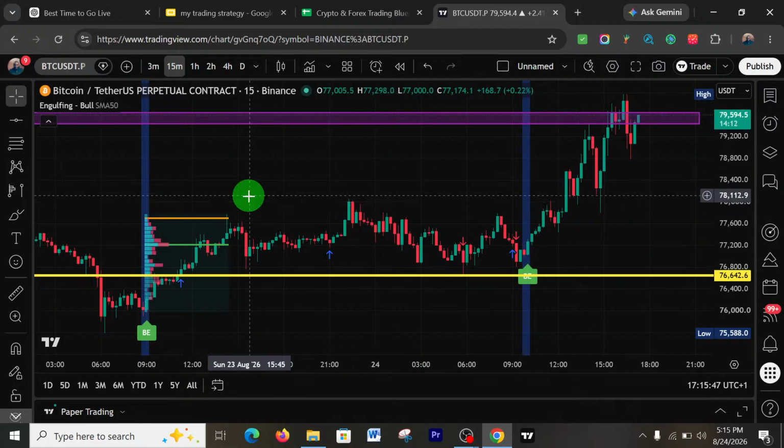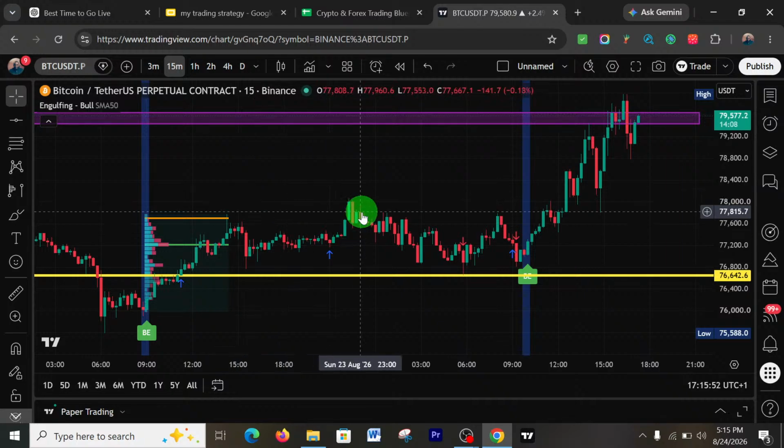If you ignore your normal entry point, your entry precision model, your point of support or resistance, whatever is in your strategy, I guarantee you're going to pay for it in the form of a stop loss. And if you don't have a stop loss, your account is going to burn.